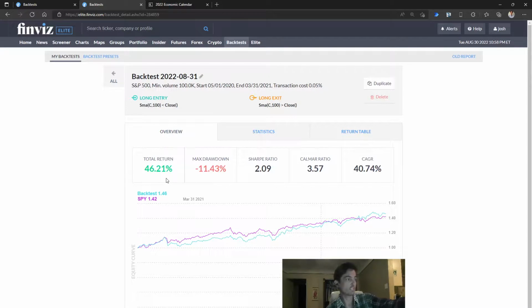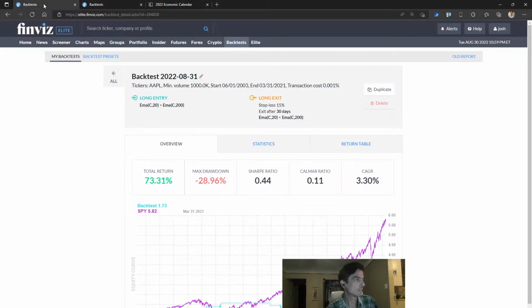And they only have 46%. So their backtest, which is a preset, doesn't mean that they thought this was good. It just means here's an example of how to do it, right? Theirs is 46% and 11, and the Sharpe ratio is 2, Calmar ratio is 3, and their compound annual growth rate is 40%. Okay, so if I do mine, let's go back to my 73.